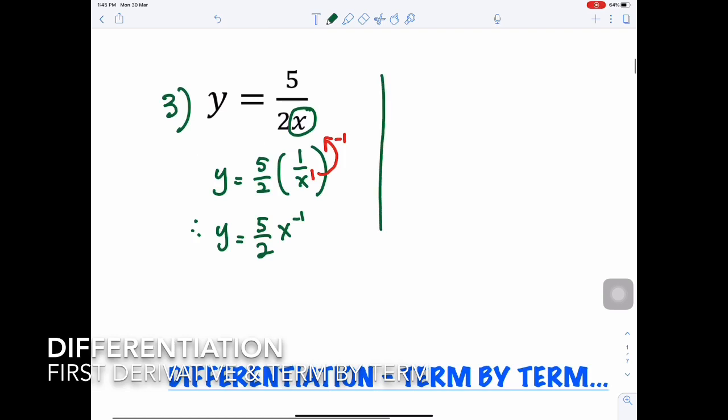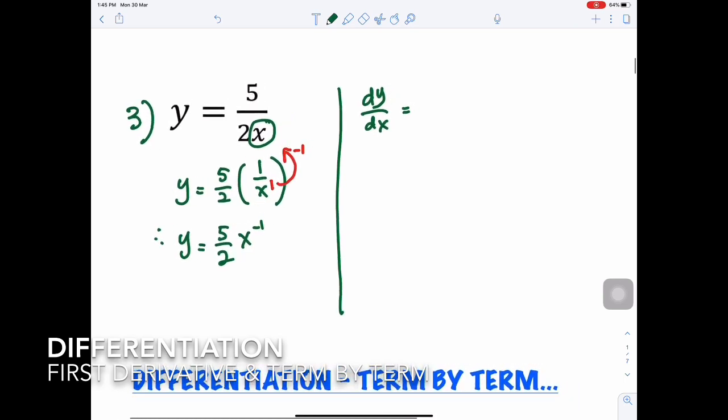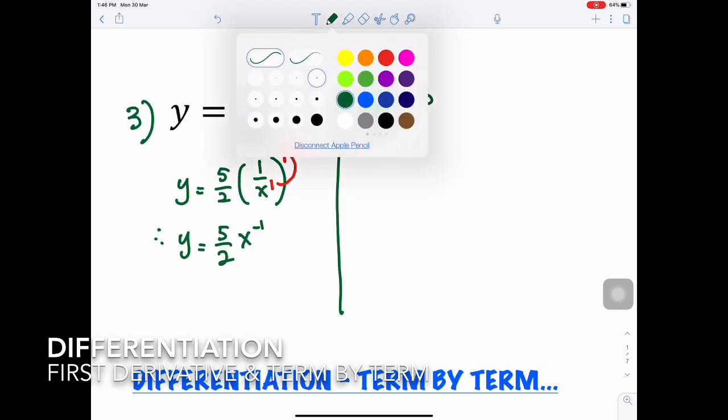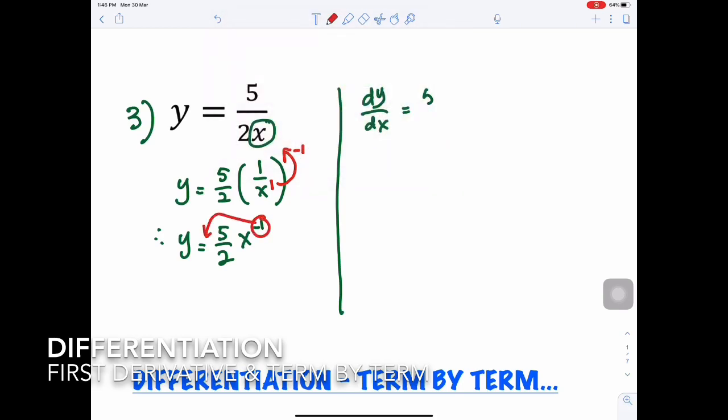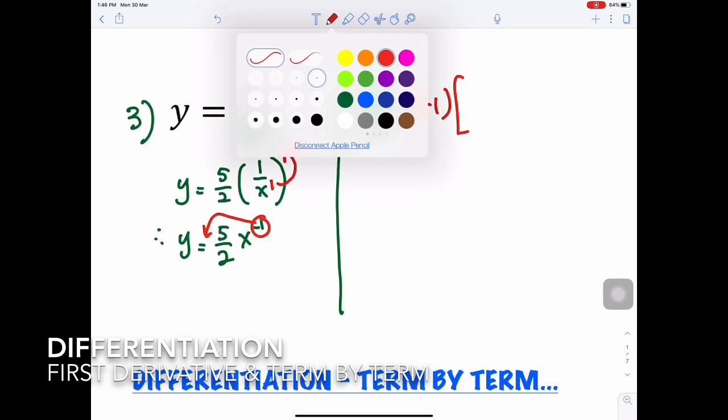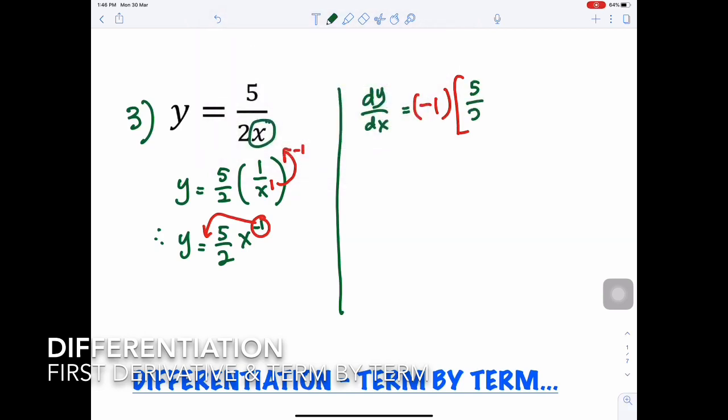And then differentiate y with respect to x, which equals 5 over 2, negative 1 brought forward, so you get negative 1. So 5 over 2 remains, x also remains, but the power negative 1 is reduced by 1, so minus 1.